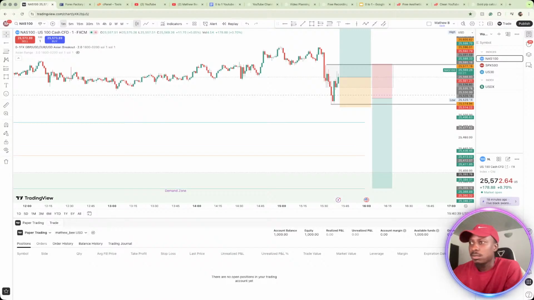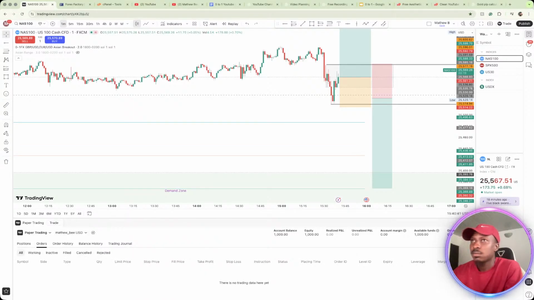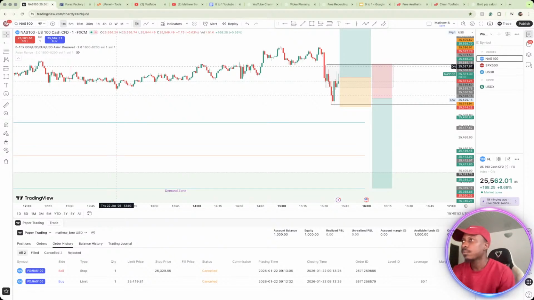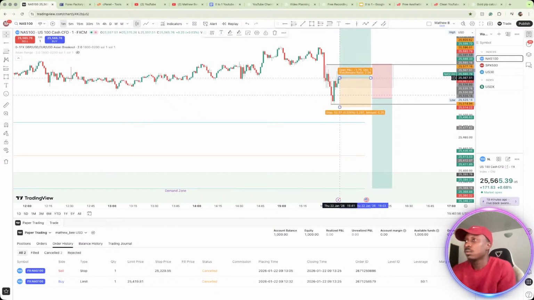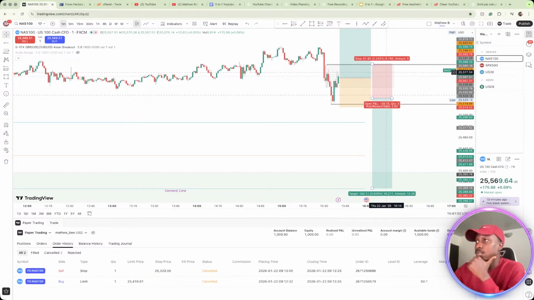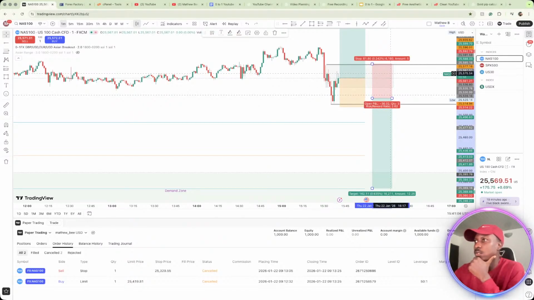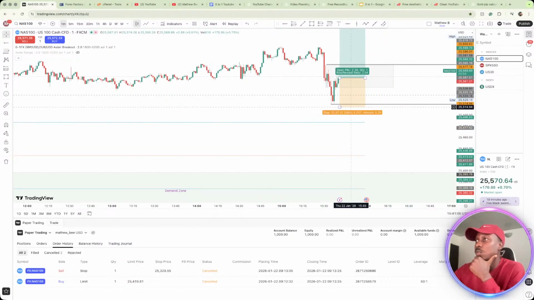Let's see if my position is being filled. My position should be filled. I think I'm buying NASDAQ. Yeah. Let's go this way. So my entry is here, and my stop is just below this low.